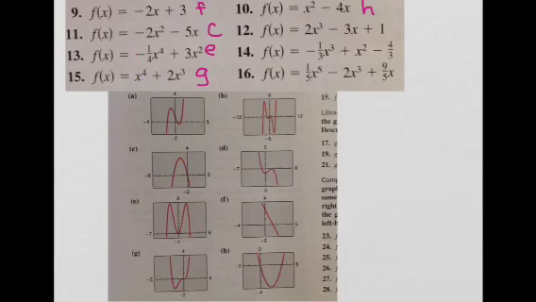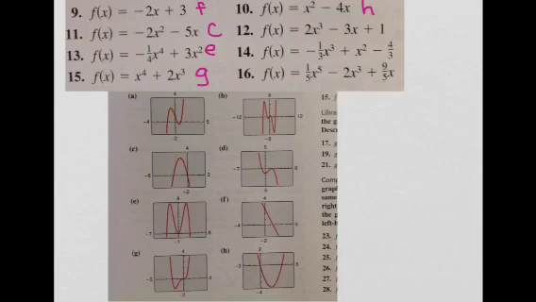Okay, 3 to go. So I've got 12 and 14 that both are cubic, and 16 that's to the 5th power. I know that this one has two turning points, one here and one here, and then this one also has two turning points, right here and then right here.